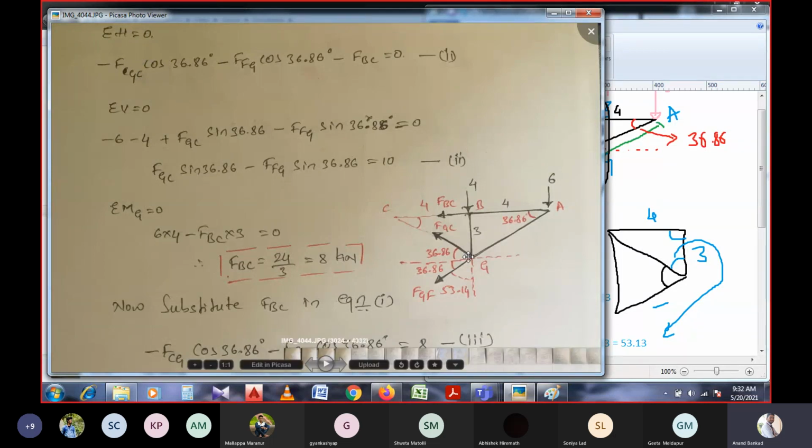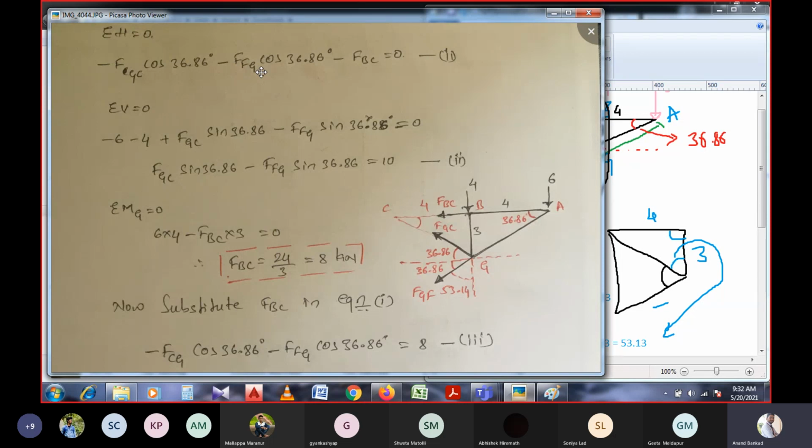Since it is 36.86, this FGC is resolved to horizontal because we are referring to horizontal forces. Again, this force is moving towards the left and has an angle of inclination to the horizontal of 36.86. So we have to consider it as FGC cos theta with a negative sign. That is what is written over here.